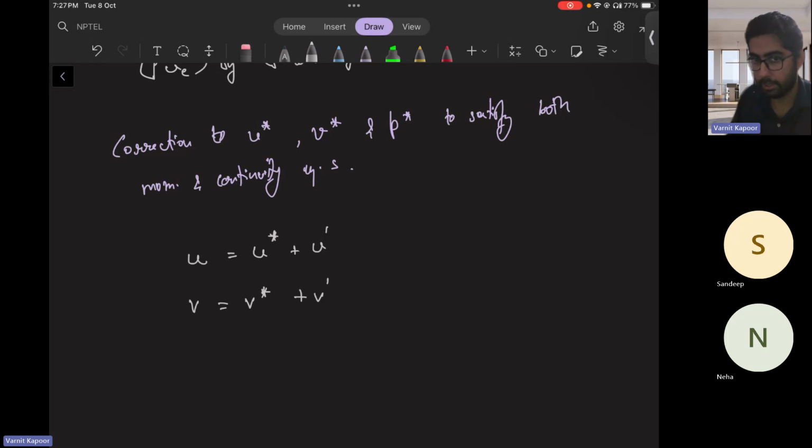If u star were equal to u, it would satisfy the continuity equation, because the actual u satisfies it. But the u star which you got from p star does not satisfy the continuity equation. That is why you have to add some correction, so that you get the actual velocity u, which satisfies the continuity equation. Similarly, p is equal to p star plus p dash.